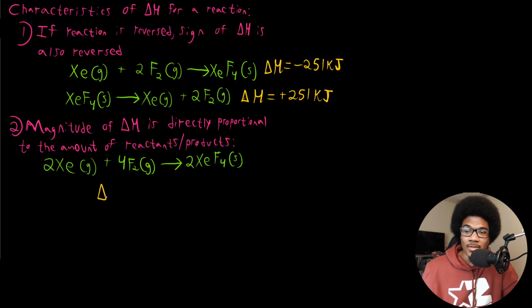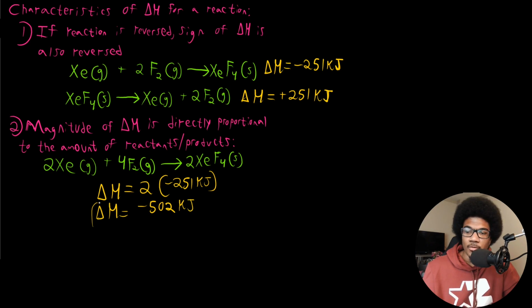So that means if we double everything, we're also going to release twice the amount of heat as well. So we're going to have 2 times negative 251 kilojoules, and so that's going to give us a delta H of negative 502 kilojoules.